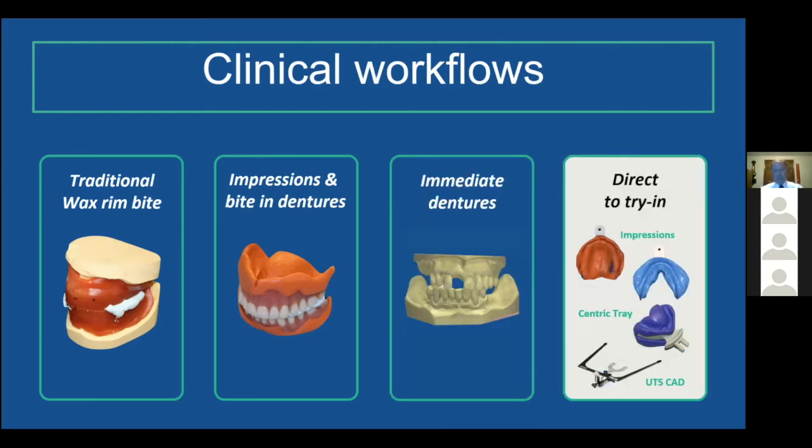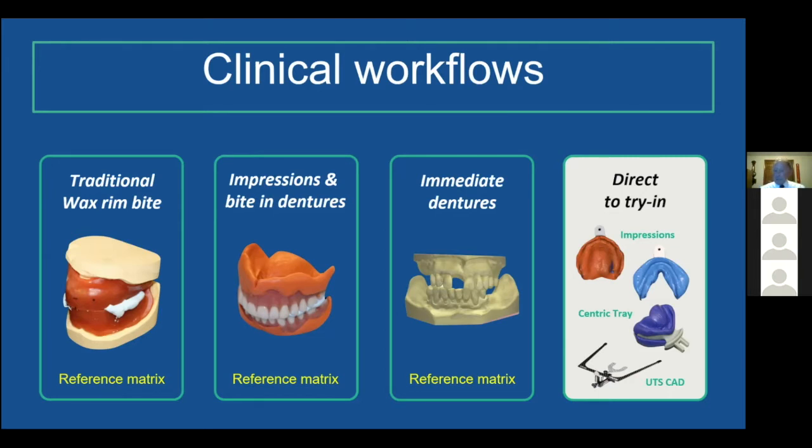Lastly, and this is what we're going to get into a little detail on, is our direct to try-in. And this is a great workflow. It differs very distinctly from the other workflows, because the other workflows have with them a reference matrix in the wax room. You've got the wax rims that are scanned in, which gives the design technician a guide where to start.